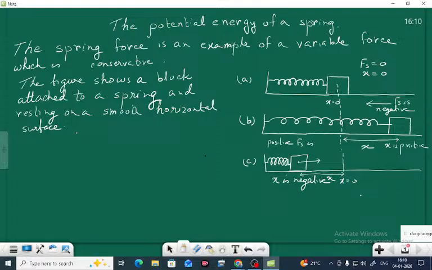The other end of the spring is attached to a rigid wall.